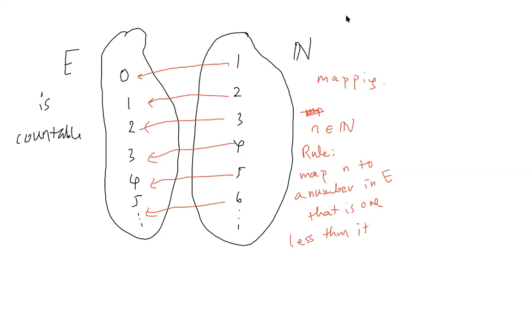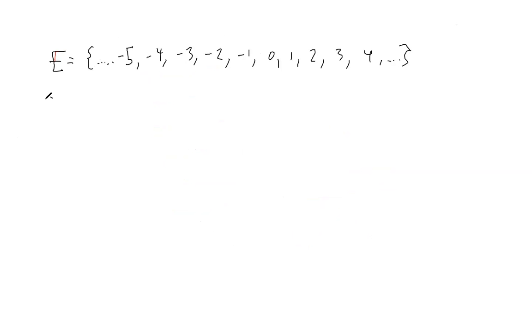This example is actually quite easy. But what about this set? Let me clear this. So if your set is the set of integers like this, how would you show that E is countable?